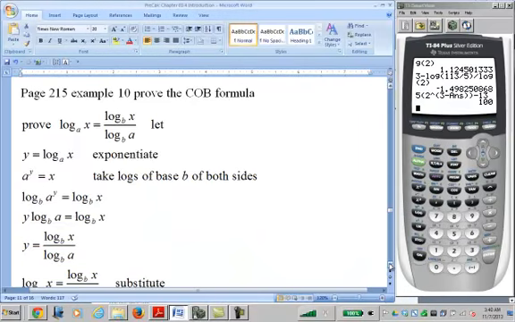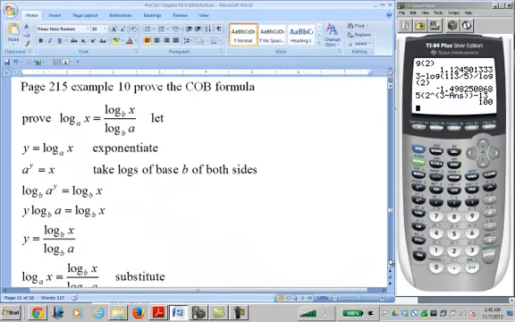Okay, page 215, example 10, prove the change of base formula. You just need to go through this to study it. Prove log base a of x equals log base b of x over log base b of a. So first step, let y equal log base a of x.